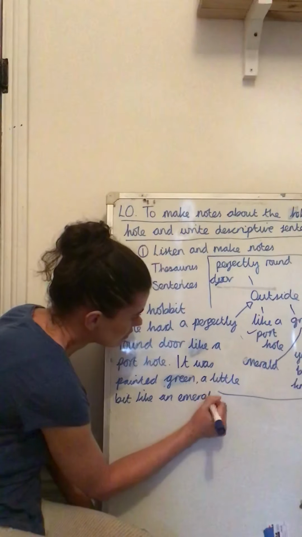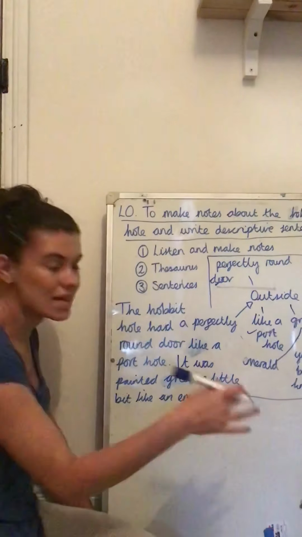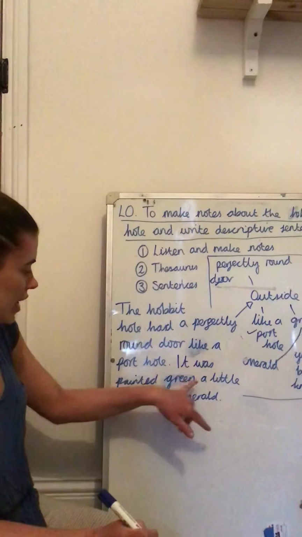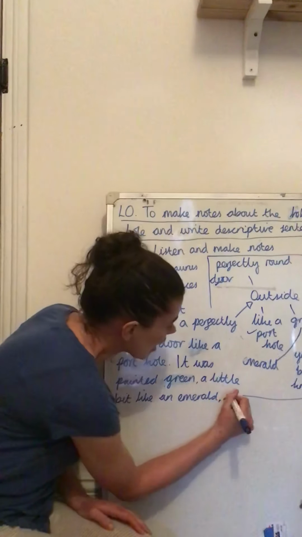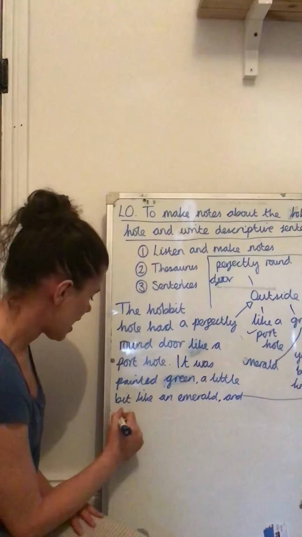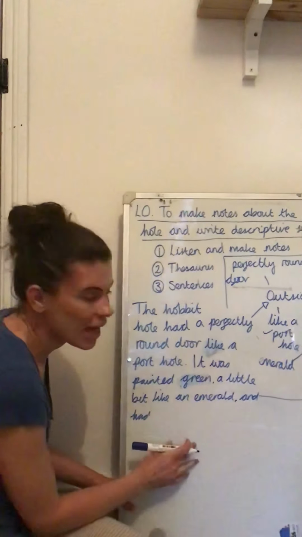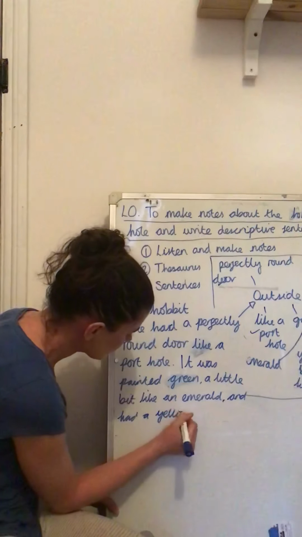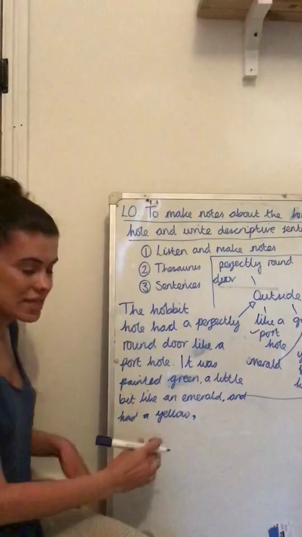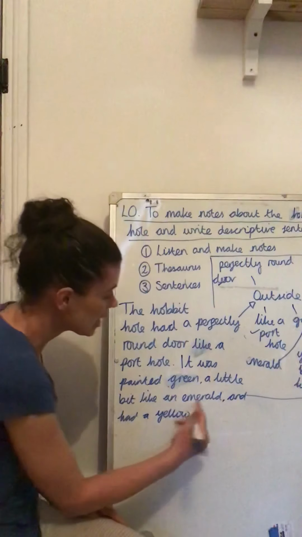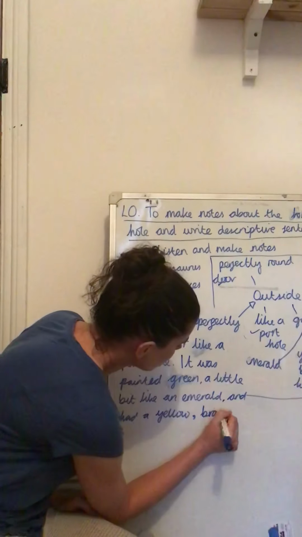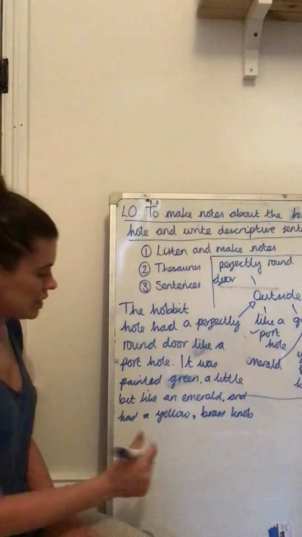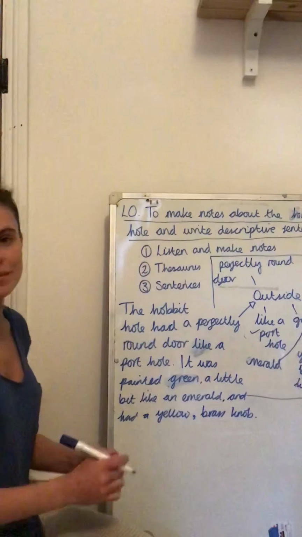An emerald. So remember, an emerald's an actual gem, so you can say it's like a gem. A bit like an emerald. So it was painted green, a little bit like an emerald, comma, and had, oh dear, we're getting very low, my handwriting's getting scruffy, and had a yellow, comma, because this is an expanded noun phrase, yellow brass knob. Maybe I could write exactly in the middle, but I'm going to stop there because I've run out of space.